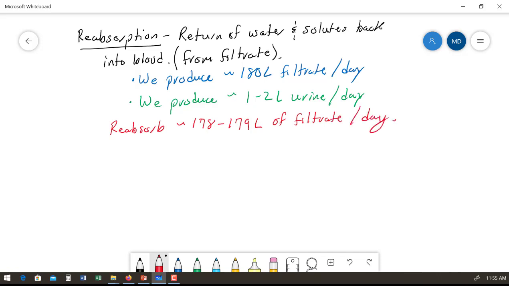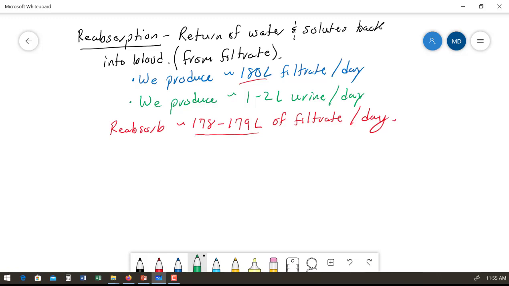In other words, your filtration system is incredibly inefficient in many ways. You're producing 180 liters and then you're having to reabsorb 178 to 179 liters back into your blood. So that's a huge amount, right? There's a huge amount of reabsorption that takes place every day within your nephrons.